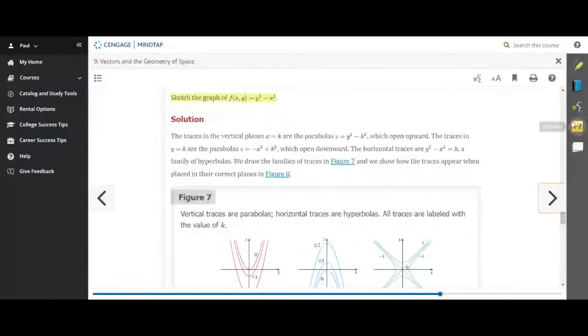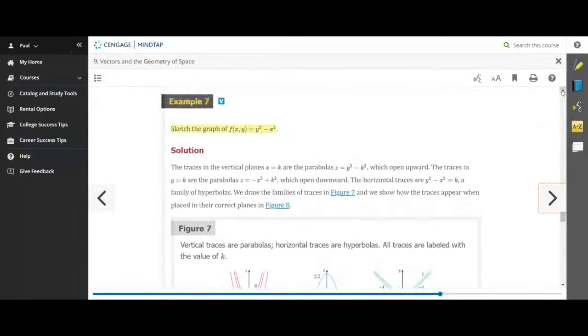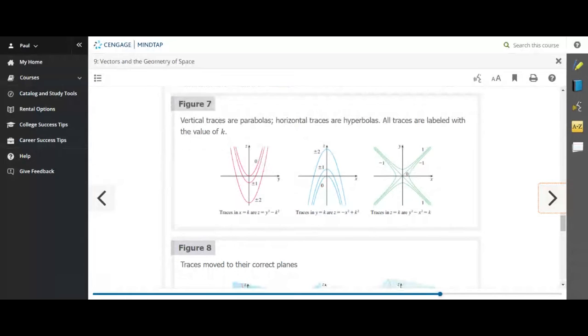Sometimes you can have even more complicated surfaces. Like here they want you to sketch the graph of what's called a hyperbolic paraboloid. I'm not going to go into great detail, but in order to graph it, they need to look at the horizontal traces and the vertical traces.